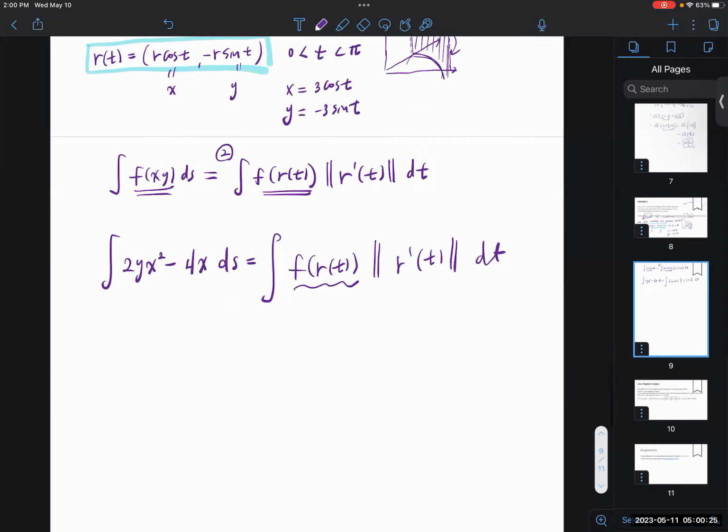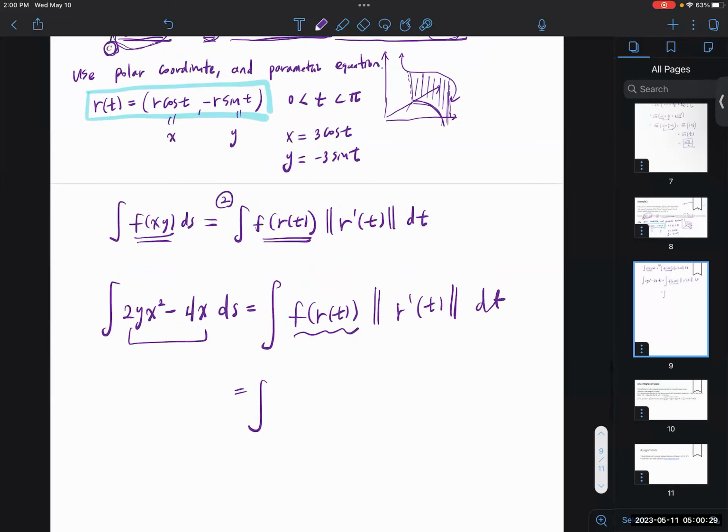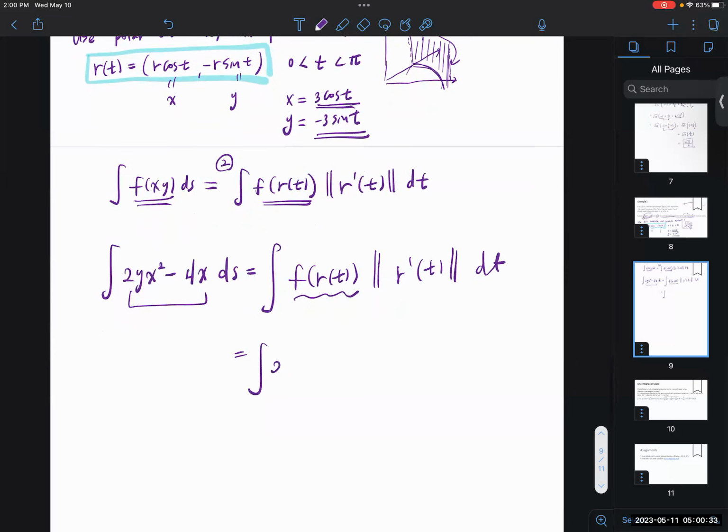So here, we're going to convert x and y in terms of the t variable. So x squared times negative 3 sine t, minus 4 times x, 3 cosine t squared. Am I okay?